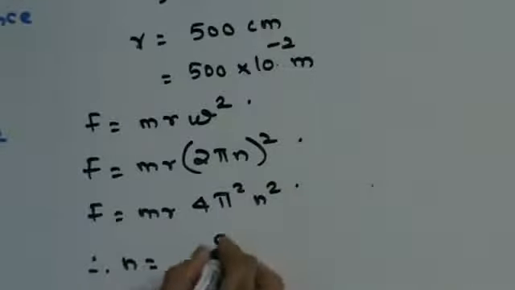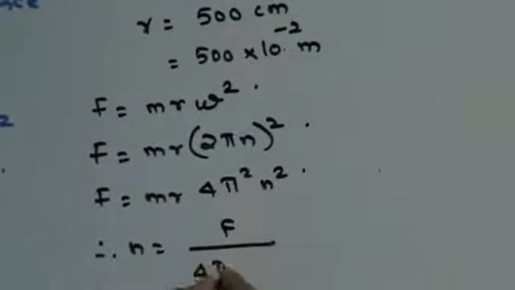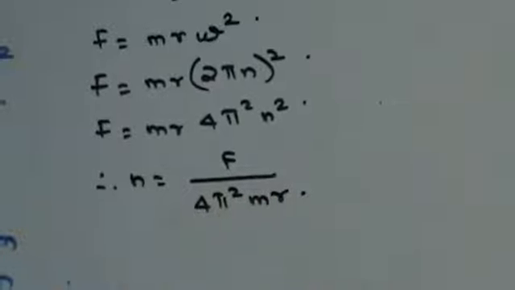Therefore n is equal to under root F upon 4 pi square m r, because that was n square. Substitute the values, you should get your answer. The answer for this should be 4.726 Hertz.